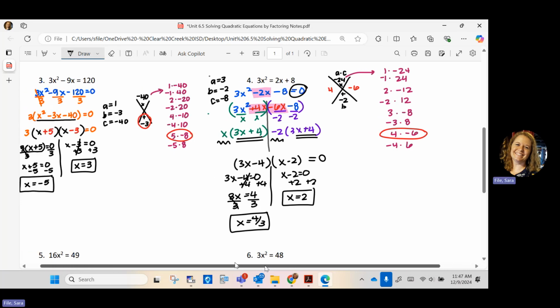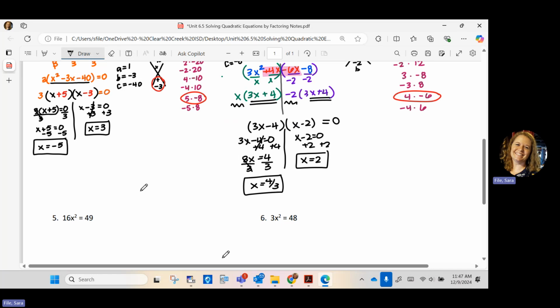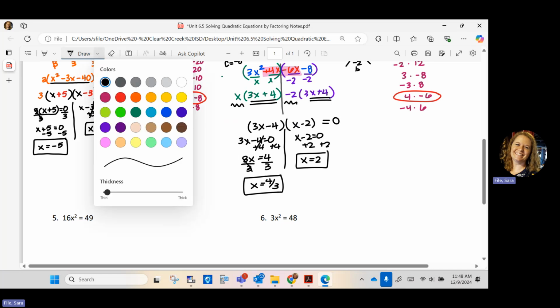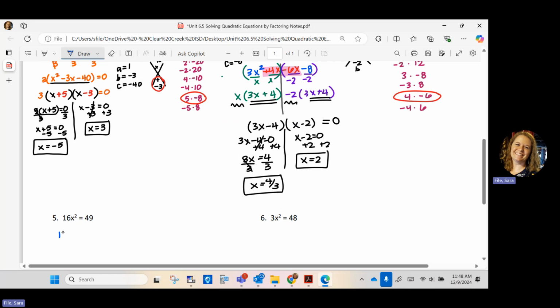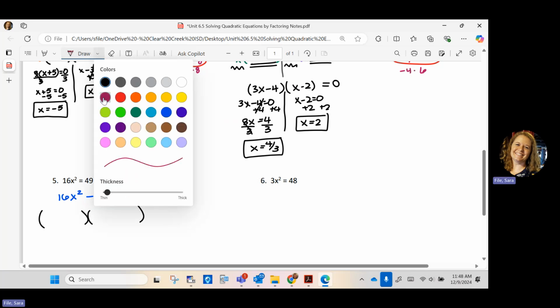All right, last couple are not trinomials. So these will be a little easier. This is taking it back to what we were doing before. I still need to move that 49 over by subtraction to get this set equal to 0. But this time it's a difference of 2 squares. So this is the one that had the shortcut where I'm simply taking the square root of the 2 terms.